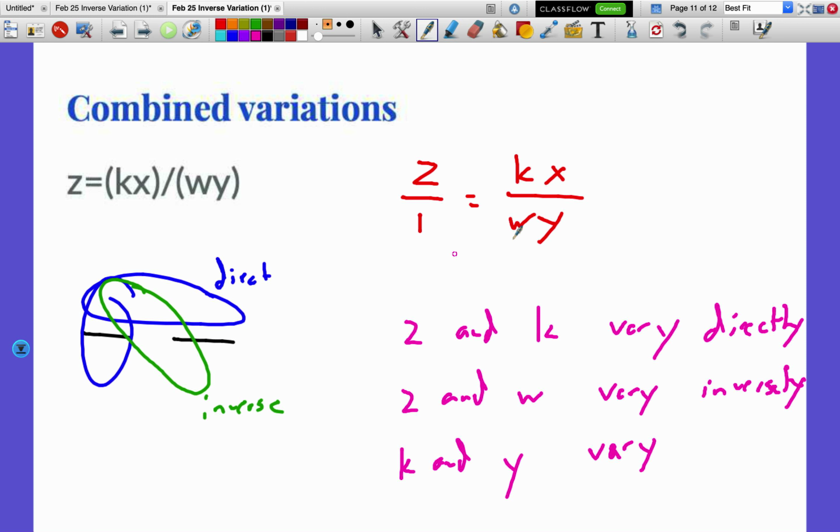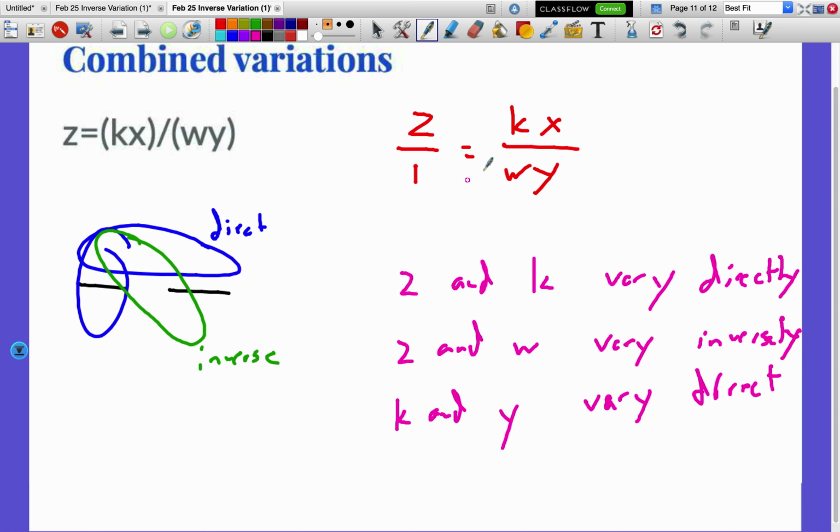Well, that's this blue circle, the k and the y. They're vertical, so that is direct. And then the tricky one is when they're just right next to each other, that is inverse variation. So we could say w and y vary inversely.